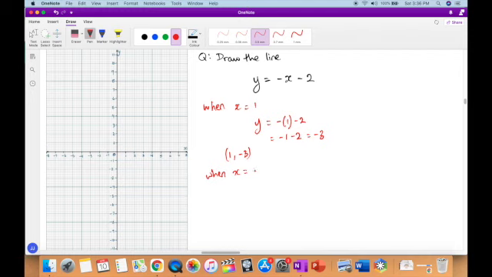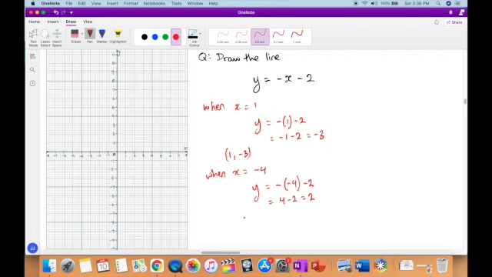Let's get a little bold. When x equals negative 4, y equals minus whatever x is, minus 2. So a negative of a negative is a positive, so that's 4 minus 2, which is 2.